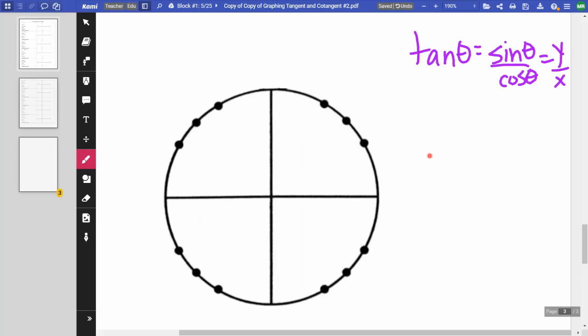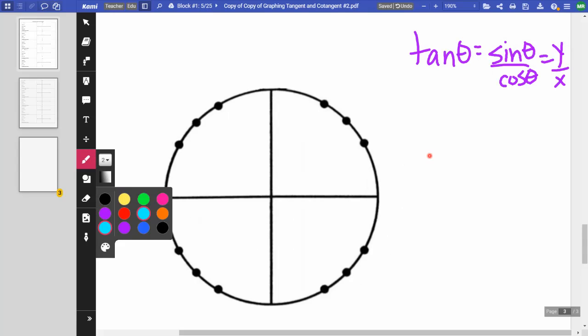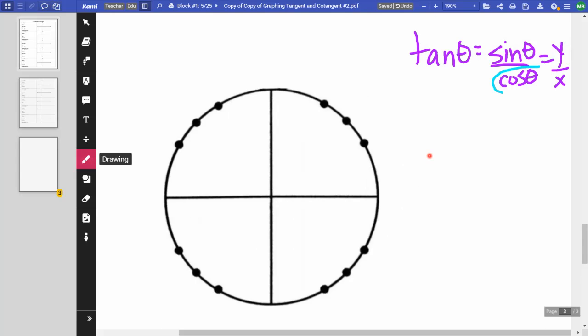And so when we're doing this, the one thing you want to pay attention to is whatever makes your cosine 0 or your x being 0, that is where we're going to have an asymptote because we can't have 0 on the bottom. And so that is going to occur here and here at the pi halves and the 3 pi halves and so on.